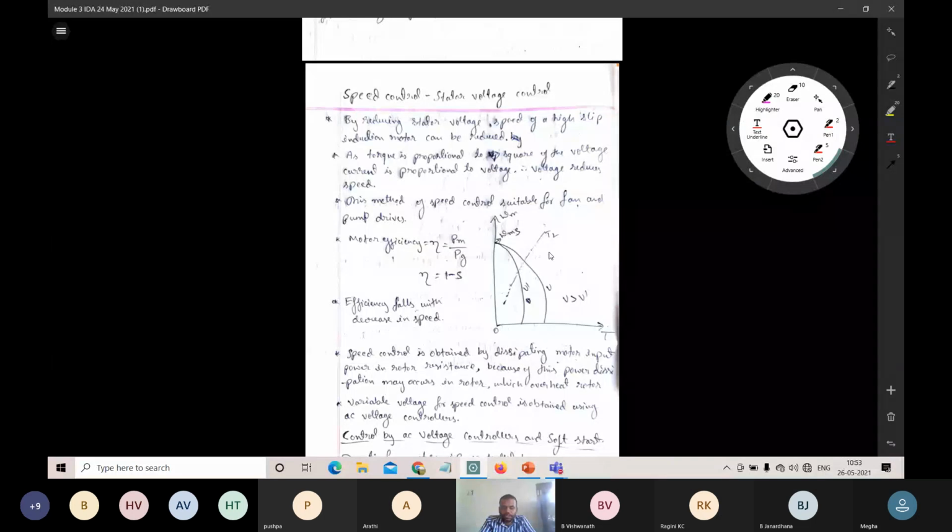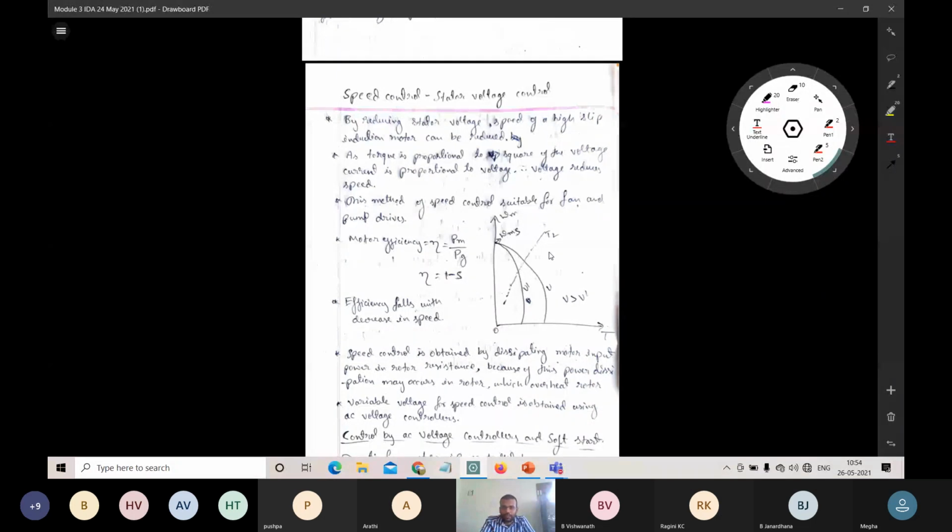So T is directly proportional to IR square, so torque is proportional to the square of the voltage. T max equals 3 by 2 omega ms divided by R dash by S, R plus RR dash plus XR dash. So T is directly proportional to V square.